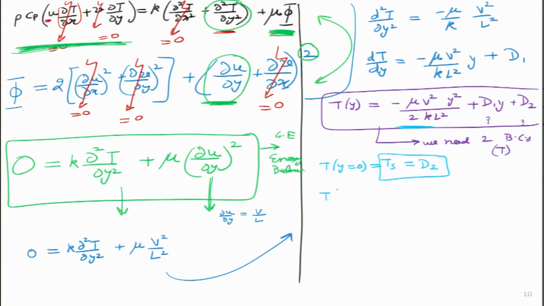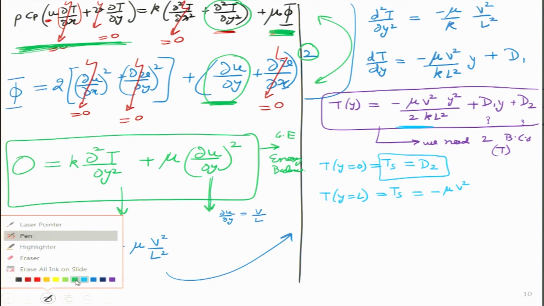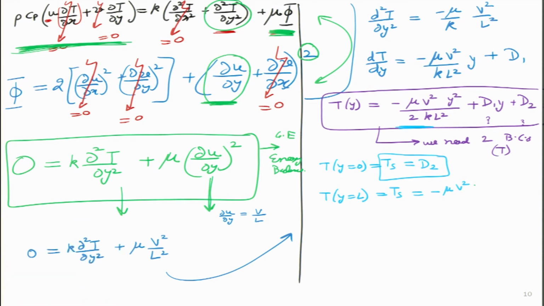The other we will figure out is if I put y equals to L, then also I get Ts, and that expression will be a little bit long. So, I can write that expression: mu v square, y square I will replace with L square because I am using L, and 2 k L square, both will get cancelled, plus d1 L plus Ts.